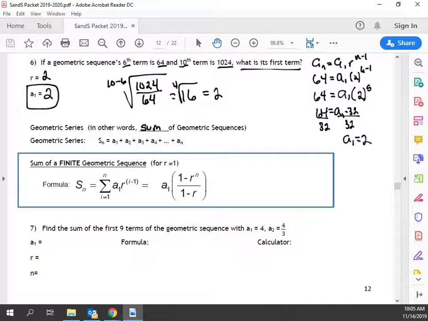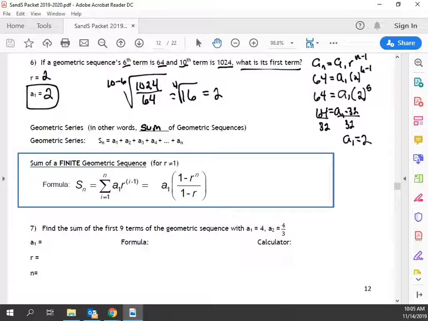It's never going to stop. So if we keep adding 2 and it never stops, is it ever going to get anywhere? No, it's never going to get anywhere. That's why in arithmetic, you only have one equation: S sub n equals n over 2 times first plus last.